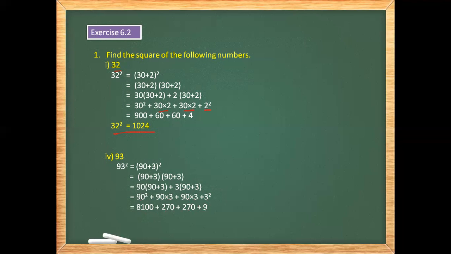Now add all these. What will you get? You will get 8649. So what is the square of 93? 93 squared is 8649. Understood children?